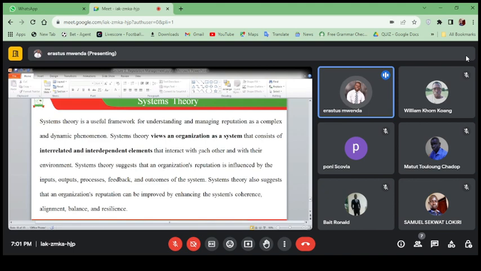What kind of processes are we running within the organization? Are we keen in terms of feedback and outcomes of the entire system? So the key suggestion of this particular theory is that reputation can be improved by enhancing the system's coherence. We need to have alignment, balance, and resilience.